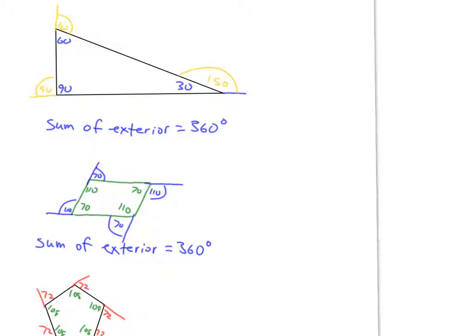Notice I made a little parallelogram here, and I've noted angles of 70, 110, 110. Their exterior angles are also 70 and 110. Notice that the exterior angles sum to 360 again. So both for triangles and parallelograms, we still have a sum of exteriors of 360.